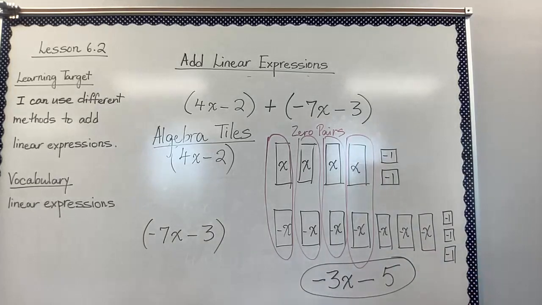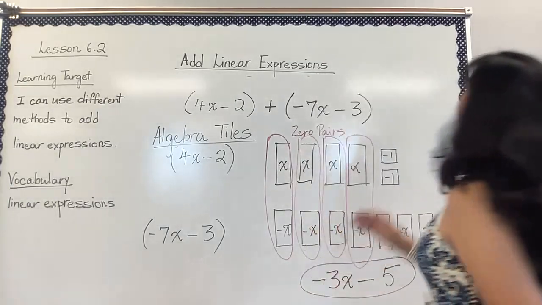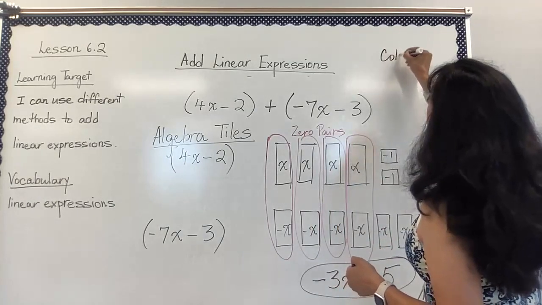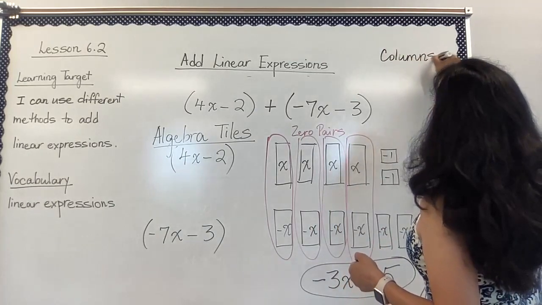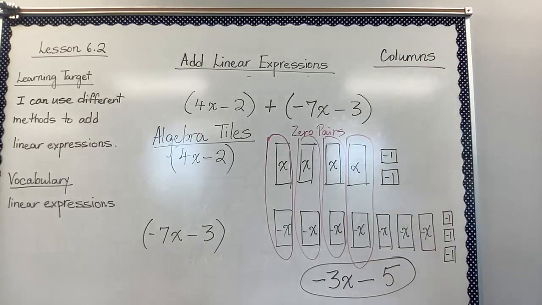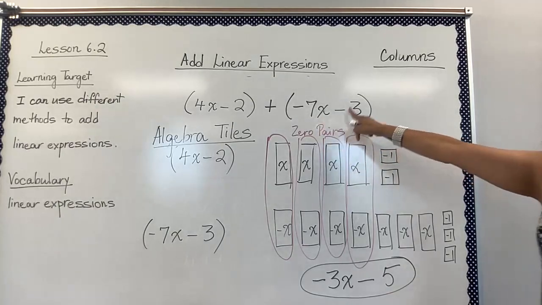All right, now there is another method where I am going to arrange them in columns. So this was using algebra tiles, and now I'm going to show you by arranging in columns and solving it. So we have 4x minus 2 plus negative 7x minus 3.